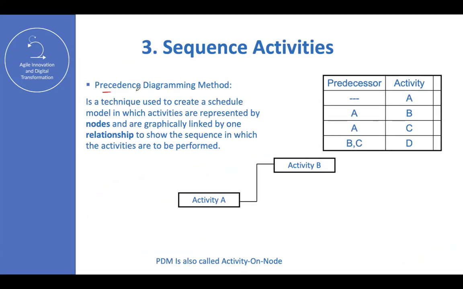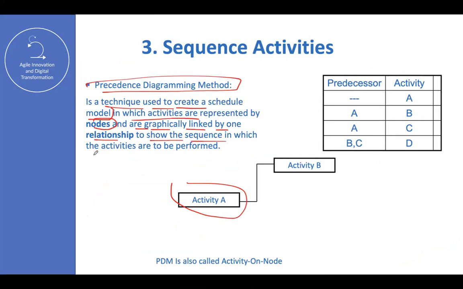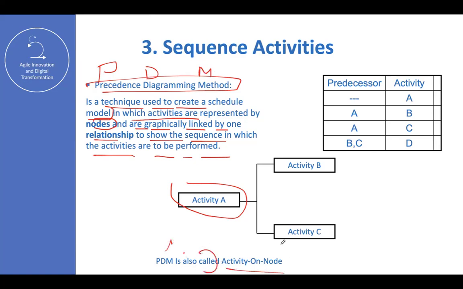So the PDM, as I told you, is a technique used to create a schedule model visually in which activities are represented by nodes. These nodes are the activities and are graphically linked by relationships to show the sequence in which the activities are to be performed. So that is PDM. PDM is also called activity on node.